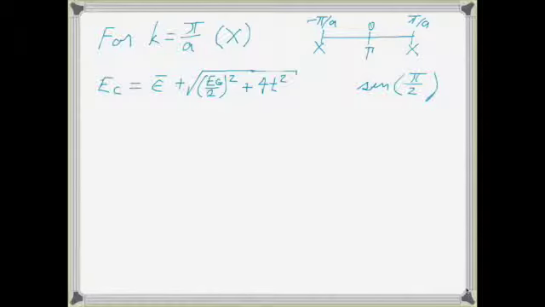I'm going to choose a reference energy. I'm going to call my valence band edge, which is equal to this epsilon A, my 0 in energy.